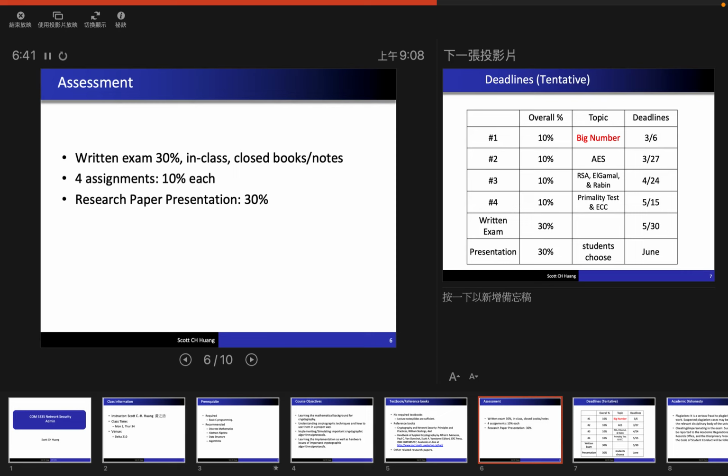That will make things a lot easier. According to our past experiences, it's almost impossible to hold a written exam online. It's not possible, to be fair. It makes things very difficult for the instructor and the TAs.